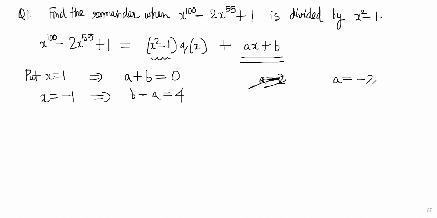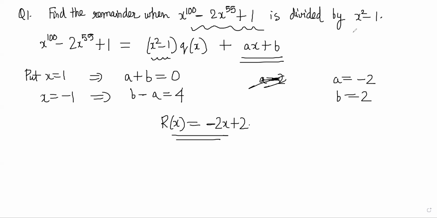So a is minus 2 and b is 2. Basically, the remainder is r(x) equals minus 2x plus 2. A pretty obvious application of your standard division of polynomials with another polynomial.